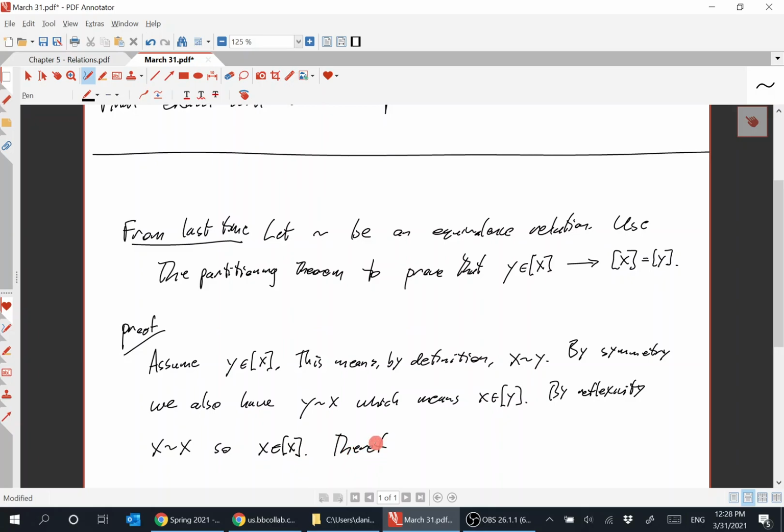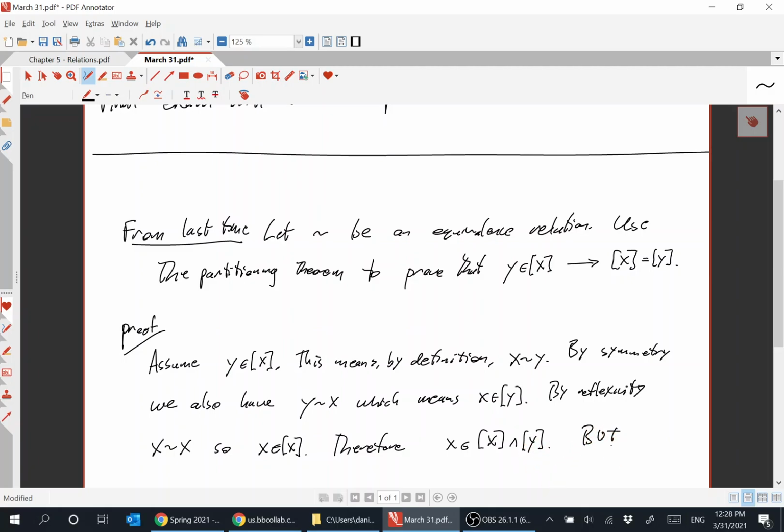Therefore, x itself is an element of the equivalence class of x intersect the equivalence class of y. Right?